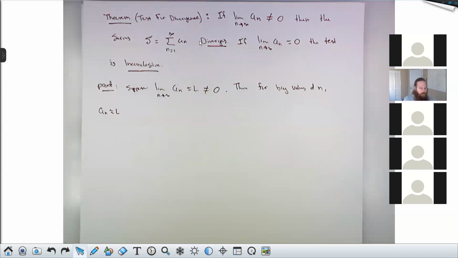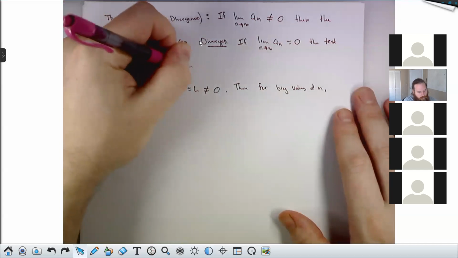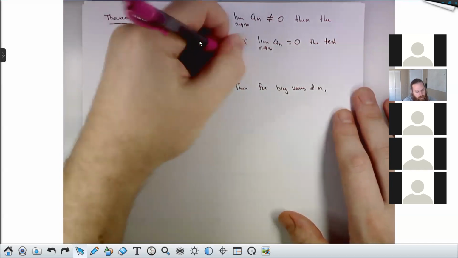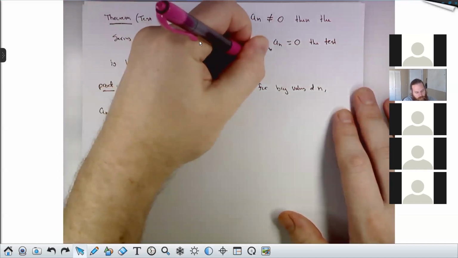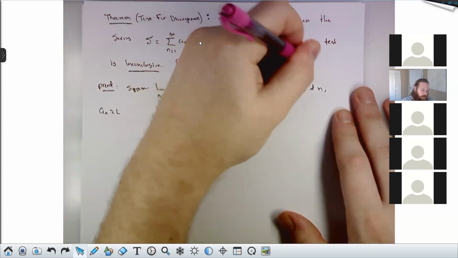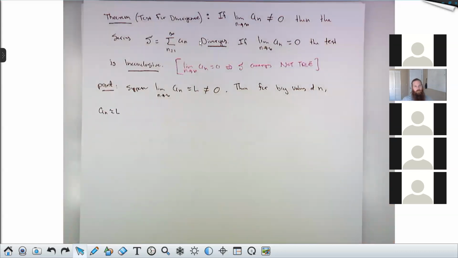So the thing people mess up here is they say the limit as n goes to infinity of a_n equals 0 implies that the series converges. This is not true. So I wouldn't even write the pink. Just write the black. If the limit of the a_n's is not 0, then the series diverges. If the limit of the a_n's is 0, the test is inconclusive.